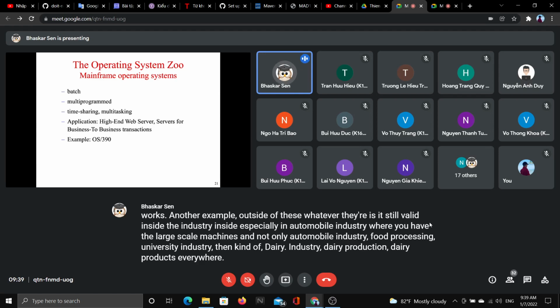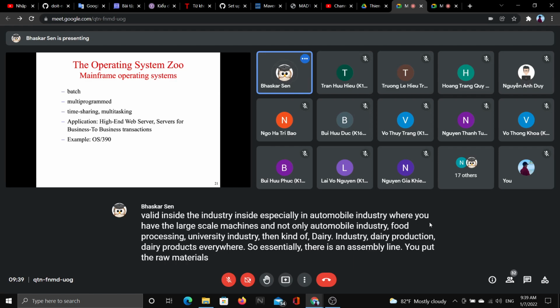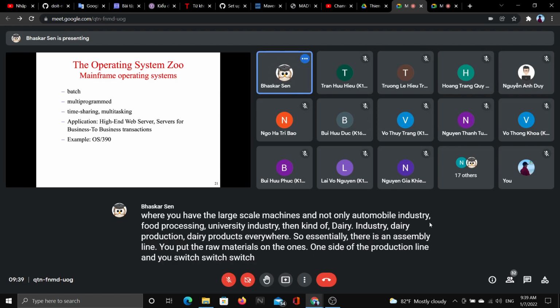So essentially there is an assembly line. You put the raw materials on one side of the production line and you switch on, and then you wait.